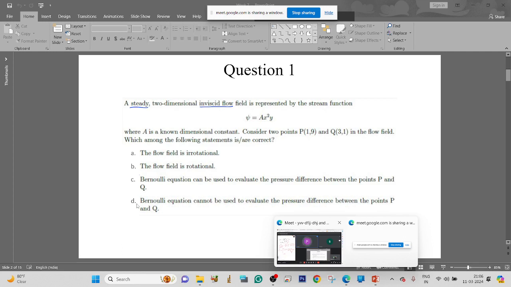You also have to check whether the stream function is valid or not, whether you can derive the stream function or not.